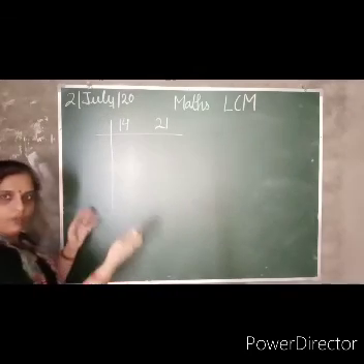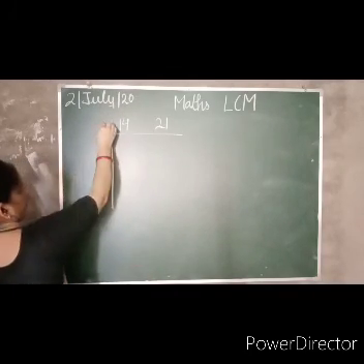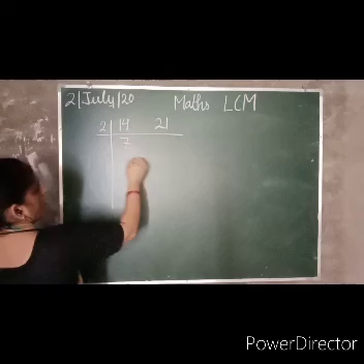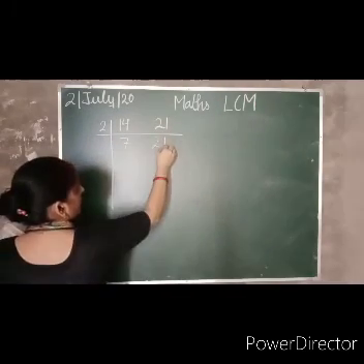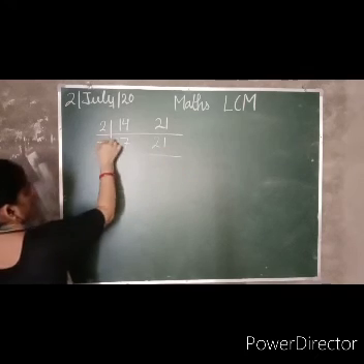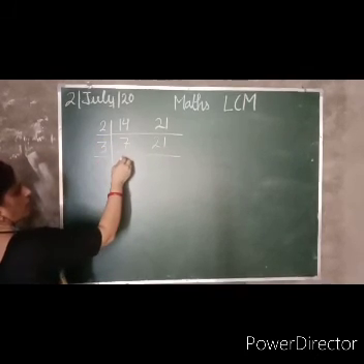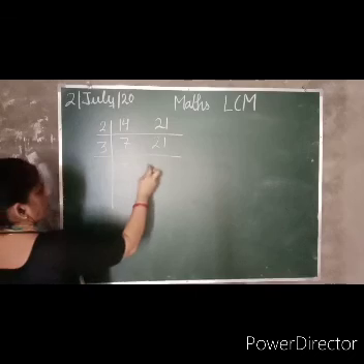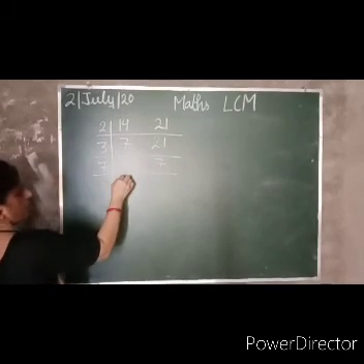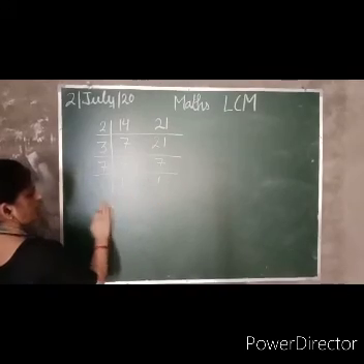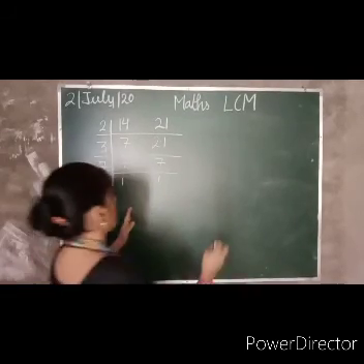On a single line, we will do the prime factorization of this. 2 7s are 14. As we know, 21 is not going to be divided by 2, so write 21 as it is. Now 3. 7 is not going to be divided by 3, so write down 7 as it is. 3 7s are 21. Then 7 1s are 7, 7 1s are 7. This is the prime factorization of this.